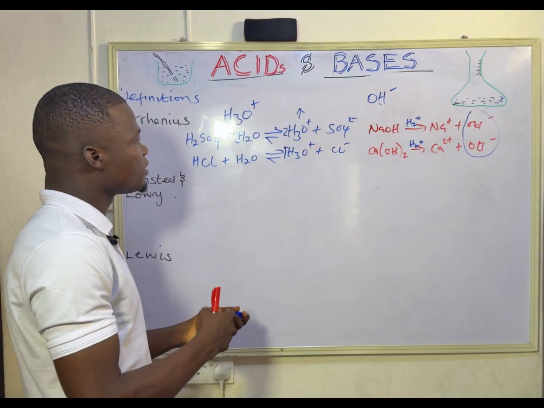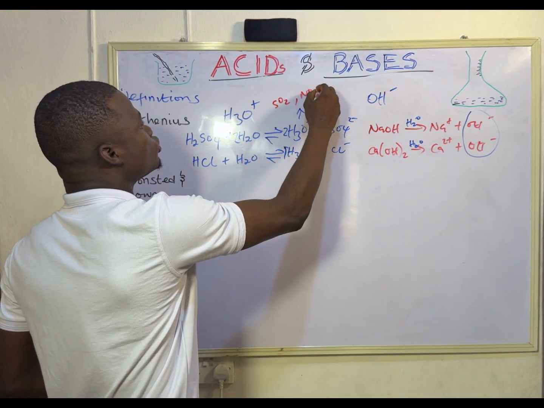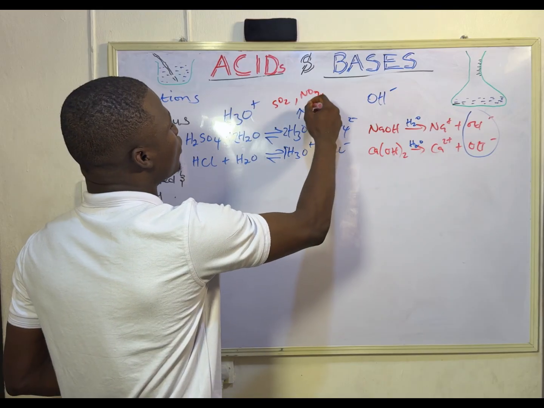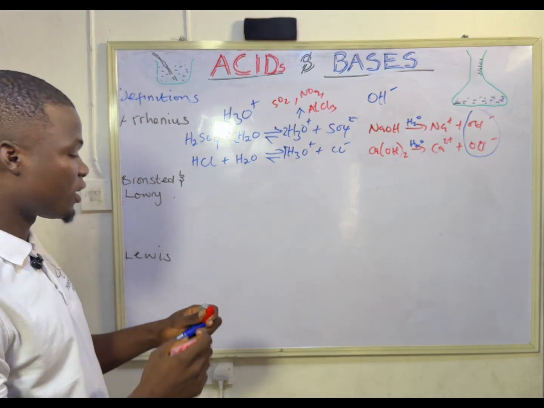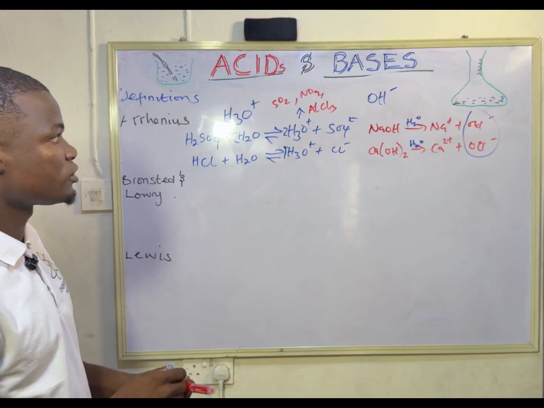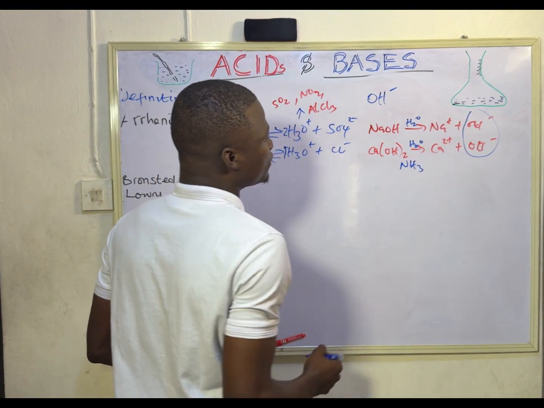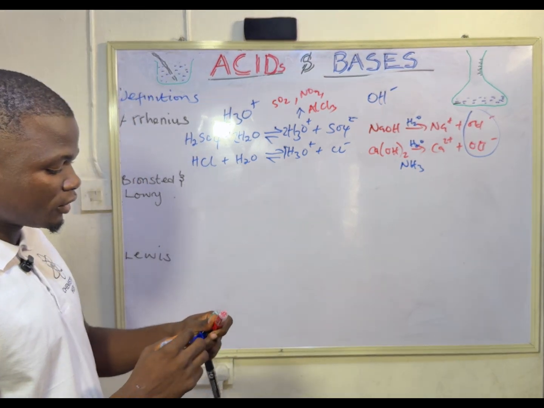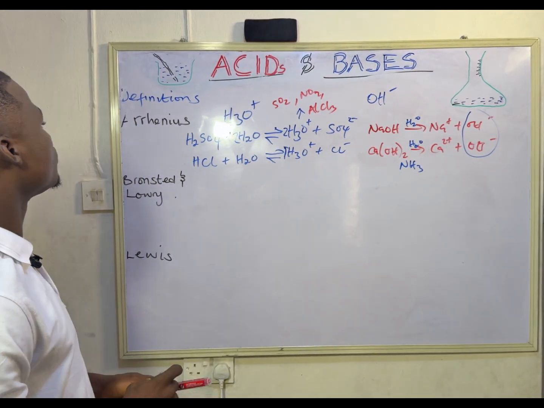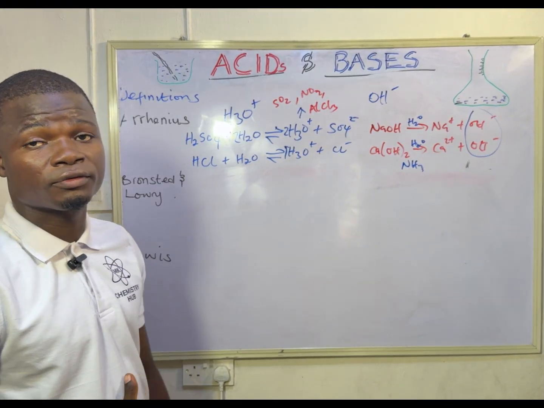So substances like SO2, NO2, or aluminum chloride are not regarded as acids according to Arrhenius. In the same way, substances like ammonia are not regarded as bases in the Arrhenius definition. Okay, that's that about the Arrhenius concept of acid and base.